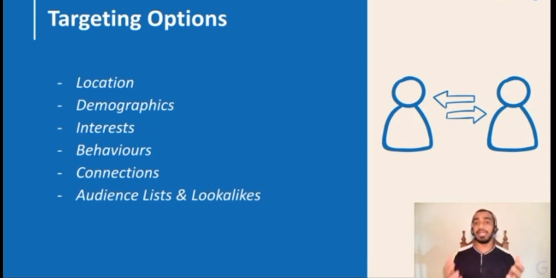So if you have a list of pin codes where your business is most likely to convert or your customers are most likely to convert, you can even use a set of pin codes and target people there. If you want to exclude certain locations, you can do that too. Say you are targeting people in Karnataka, but you don't want to target Bengaluru.